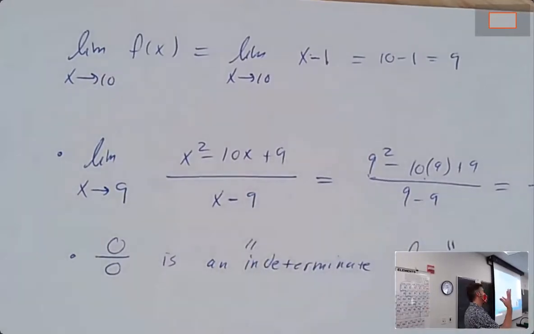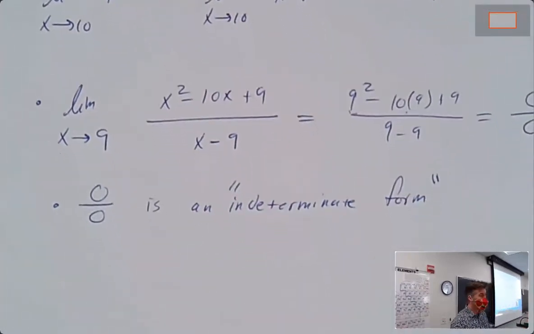There's probably like at least 6 indeterminate forms we will cover at some point. Specifically, when we talk about L'Hopital's rule, we'll talk about more of them. But what indeterminate form means is it's just fancy words for it can be anything.